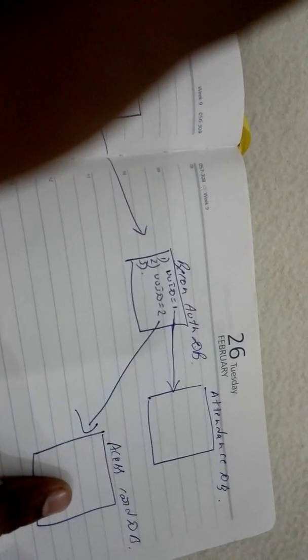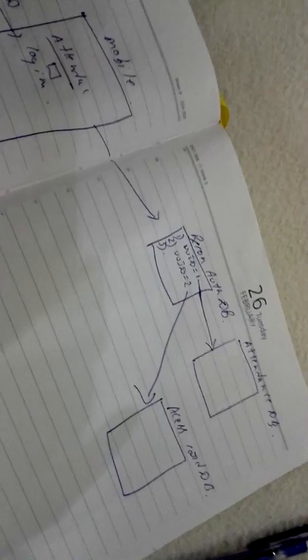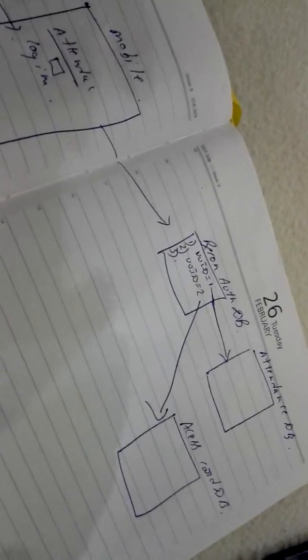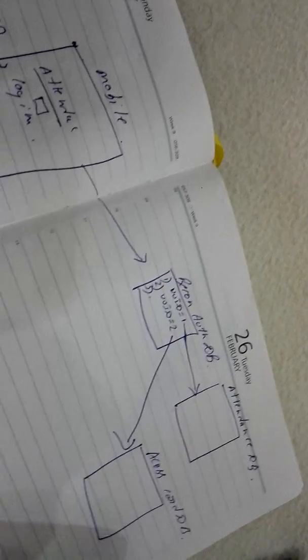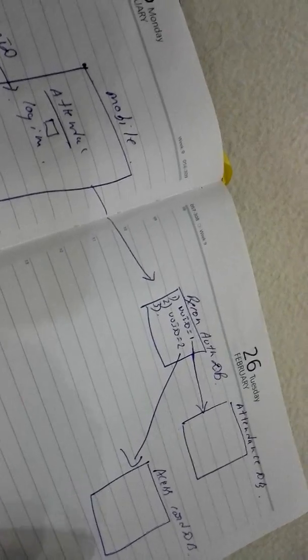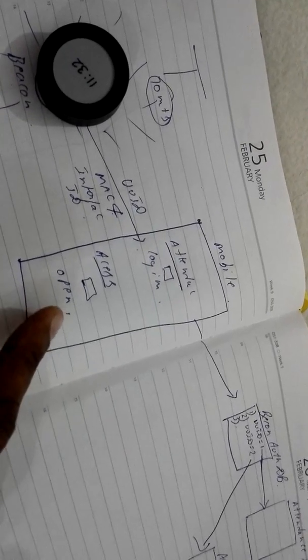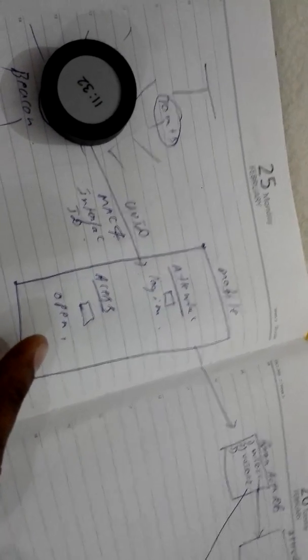If the UID of the beacon is 2, then it will send the SQL query to the access card DB, check the authorization, and then send the notification to the access card system door lock, and from there you will be able to open the access card door system to your ODC or whichever place you want to go.